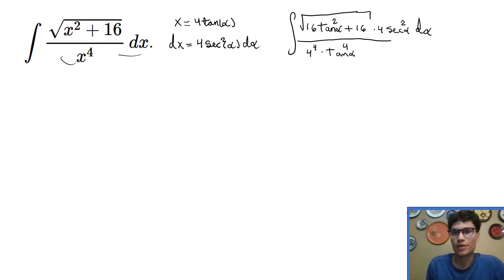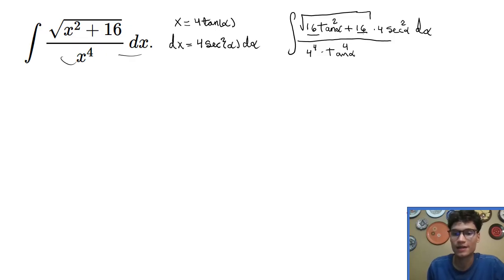Now what are we going to do? Here we are going to extract a common factor of 16, and we can extract that from the square root as 4. So here will remain tangent squared plus 1, because when we extract this common factor of 16, it will be 1.